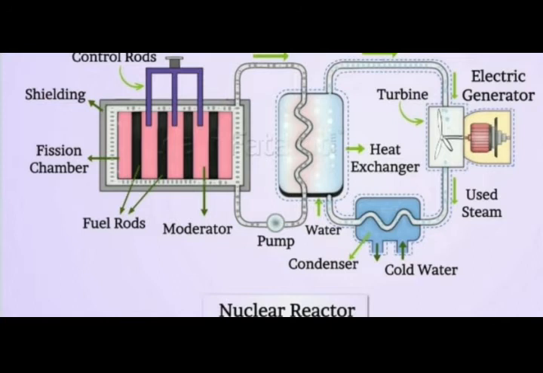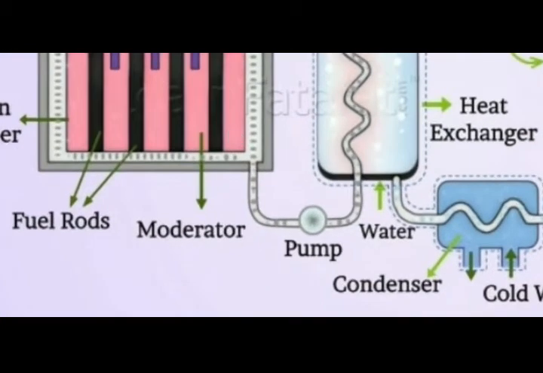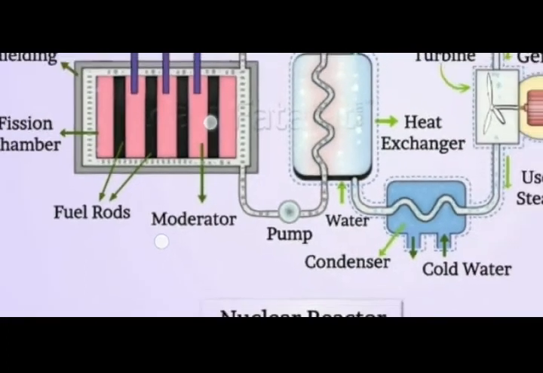And the second one is moderators. Generally, the neutrons generated in a nuclear fission process are called prompt neutrons. Those have high velocity. To slow down these neutrons, they use moderators.